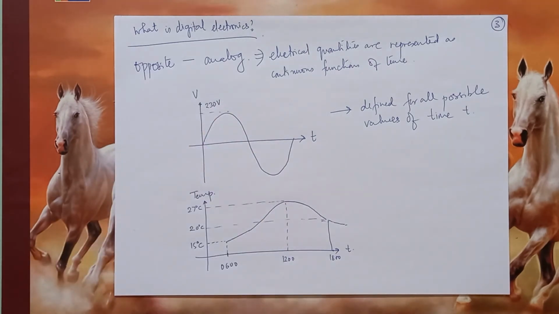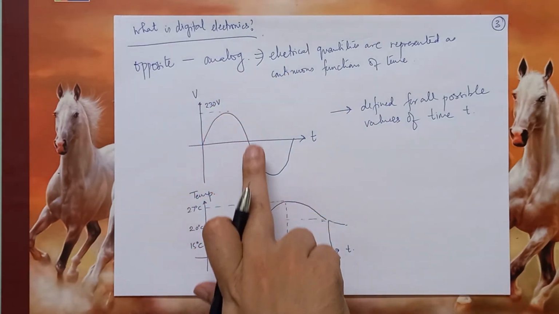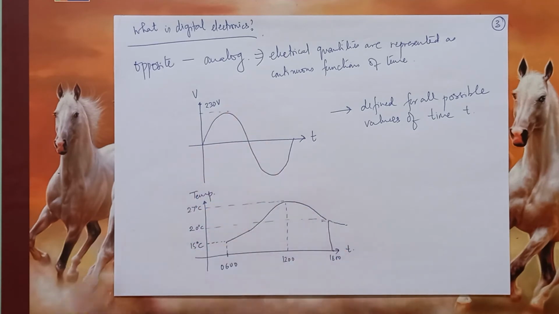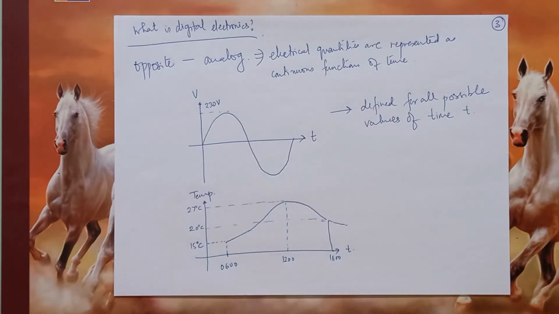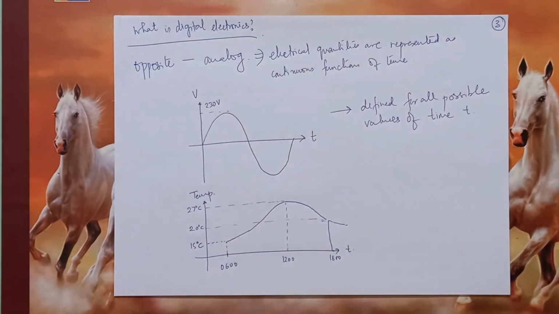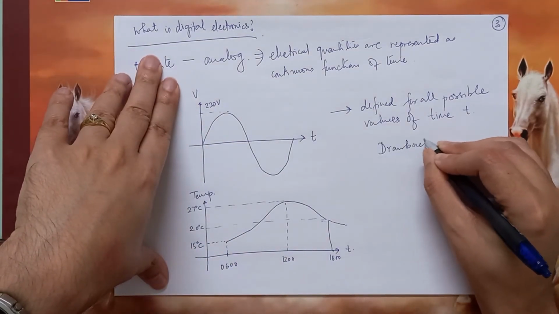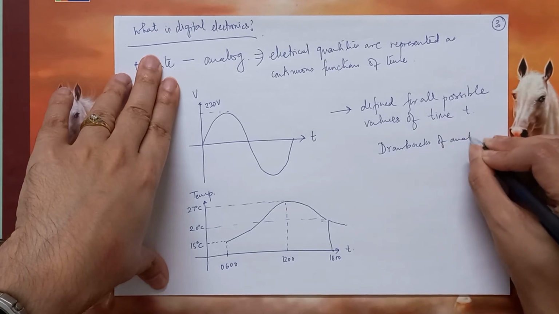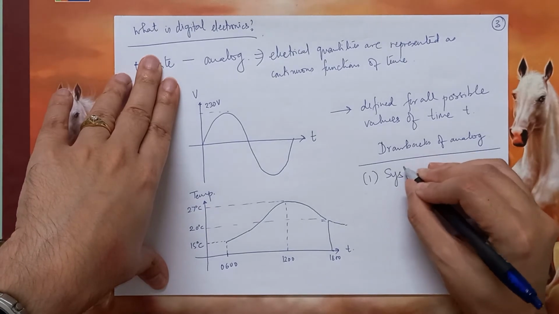Well, first and foremost, for the sensor to read this voltage, it must be always on, because the voltage exists at each and every instant of time. So the sensor has to read this data all the time. So if I want to write the drawbacks of analog, the first drawback is that the system is always on.